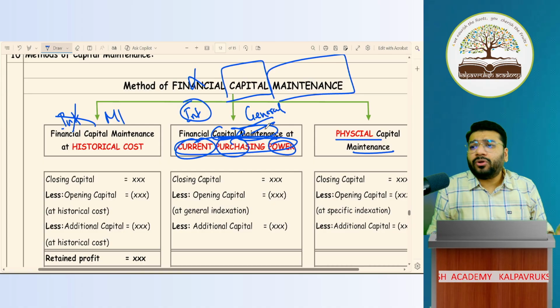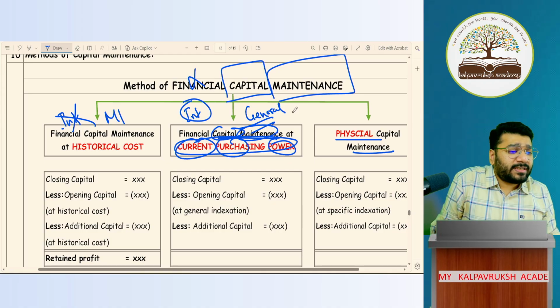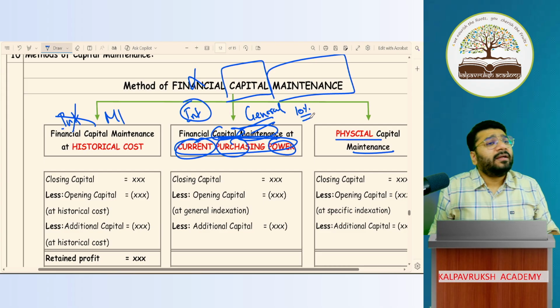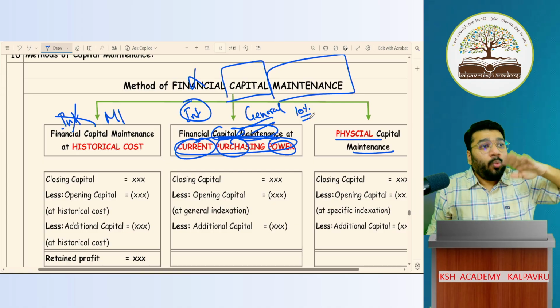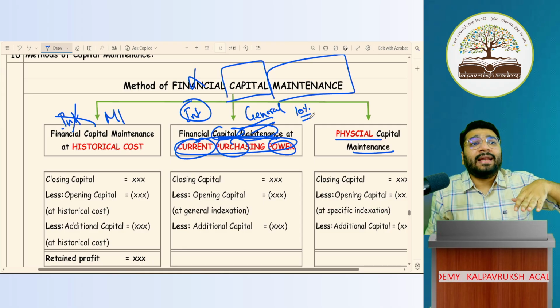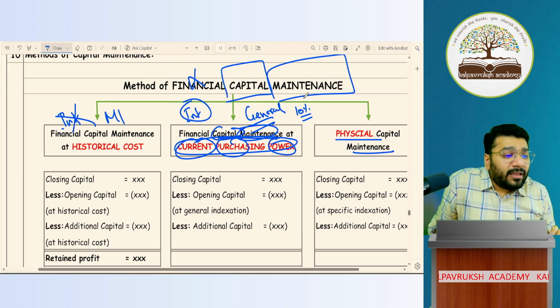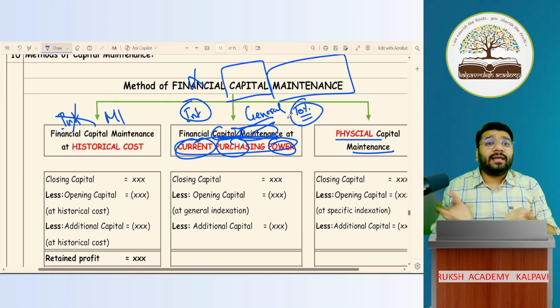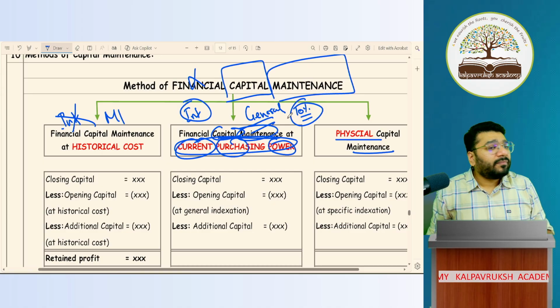My simple question to all of you: overall country-level inflation is, let's say, 10%. Things have become expensive by 10%. What I was getting at 10 rupees last year, the same product I'm getting at 11 rupees now because inflation has increased by 10%. So in method 2, they are considering overall inflation. My question to all of you: will the inflation be the same percentage in every industry?